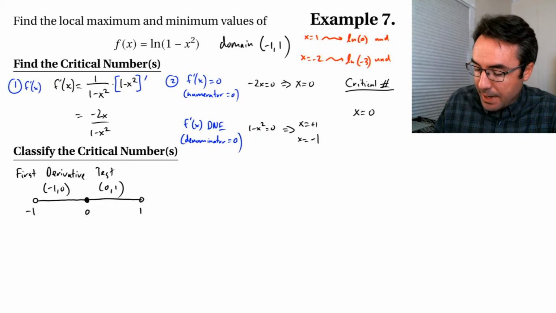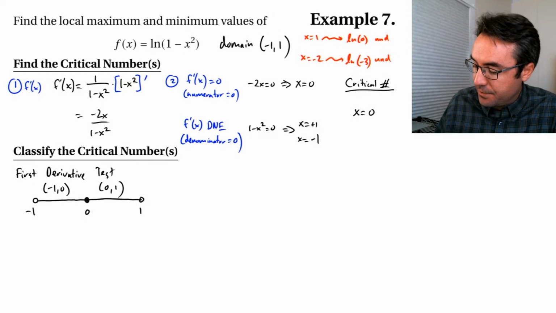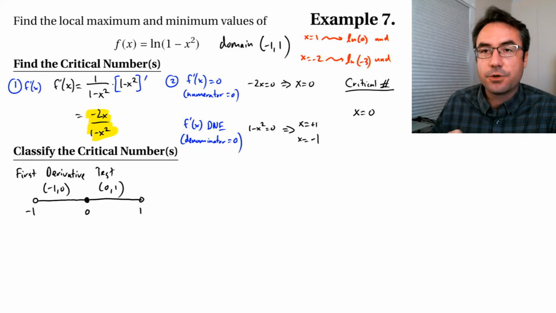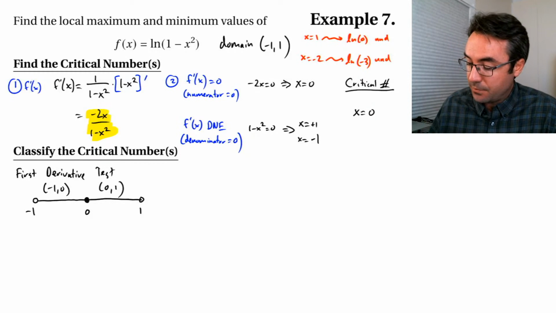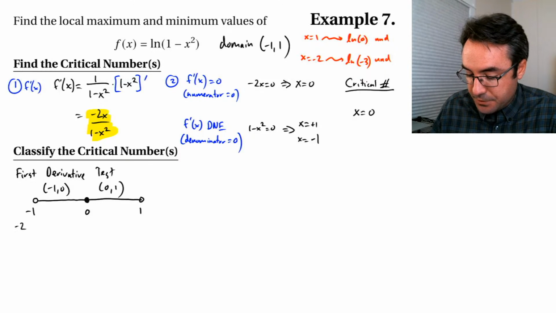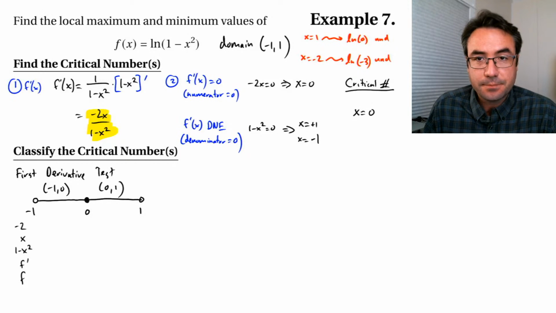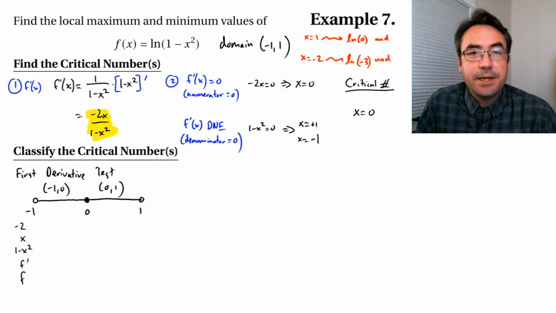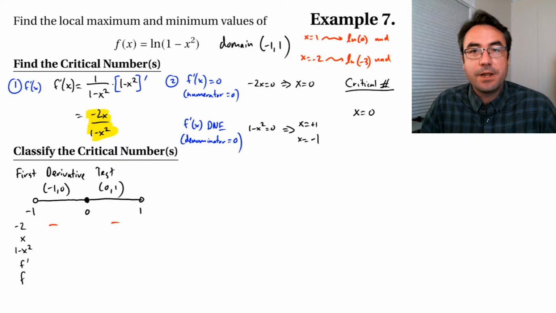If we look at f prime, we have a nice already factored version here, so let's write down the factors for our sign chart: -2x and 1 minus x squared. Then we'll see what that says about f prime, and then ultimately f. The -2, the first factor, is always negative, so it doesn't matter what interval we're on.